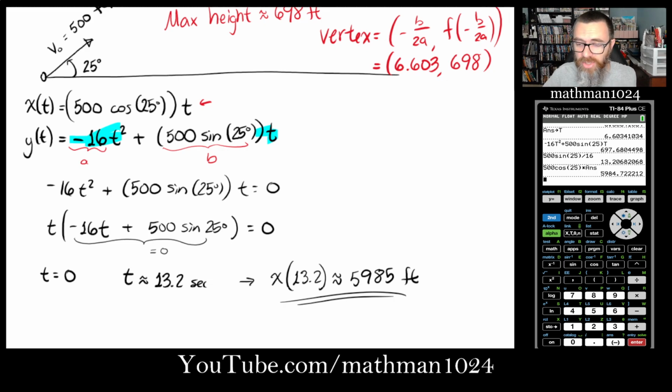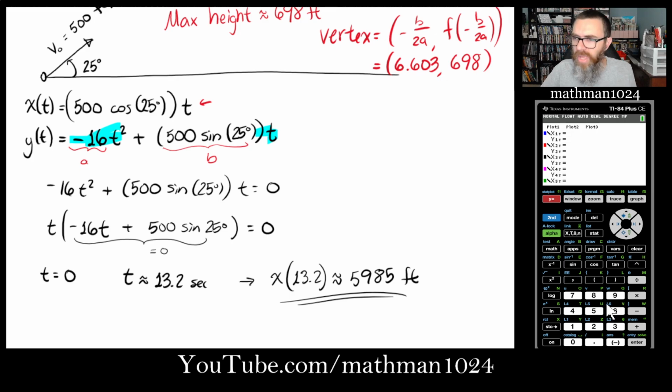Now, I want to put this into the graphing calculator so you can get not just an idea about what the graph looks like, but see how the graph is made, because it'll show you the motion. So we have 500 cosine of 25 times t. Then we have negative 16 t squared plus 500 sine of 25 degrees times t.